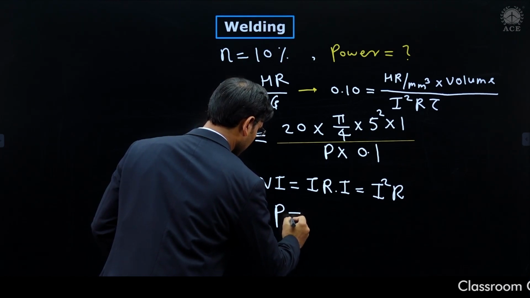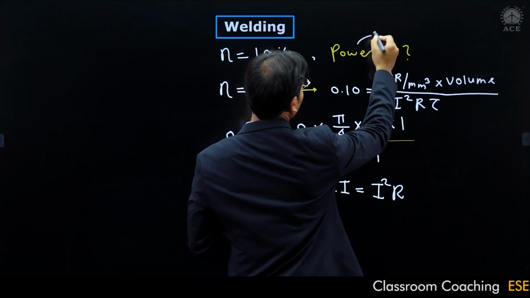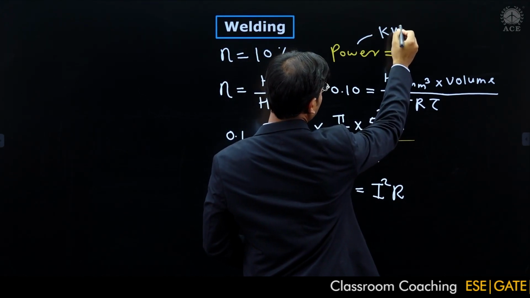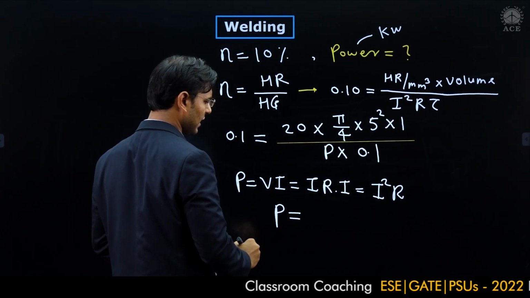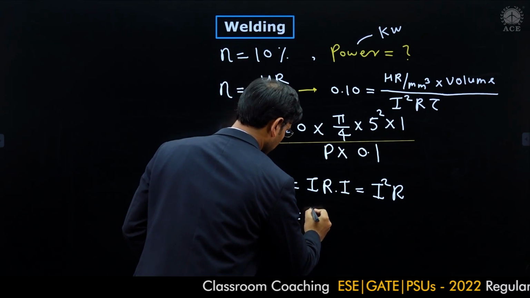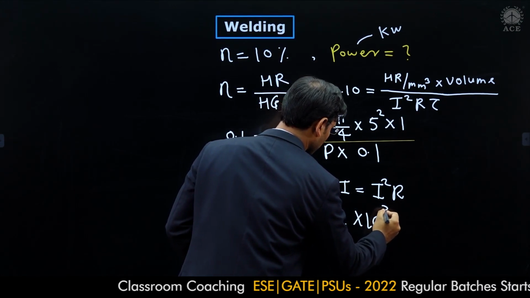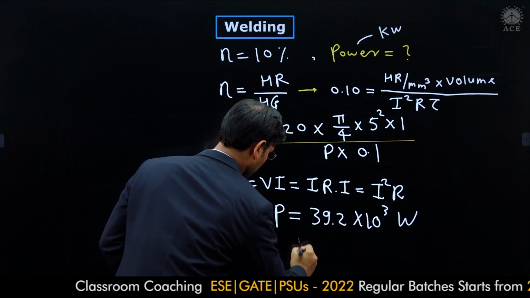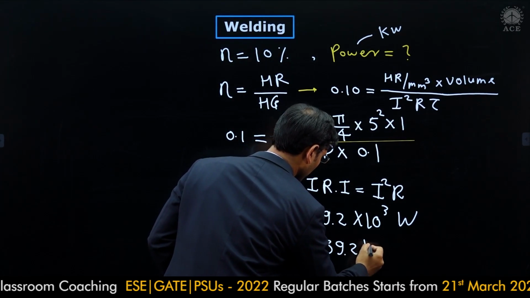That power is asked in kilowatt, so we need to write that value in kilowatt. After calculating all this, we get the value of power as 39.2 into 10 raised to 3 watt. Then power is equal to 39.2 kilowatt.